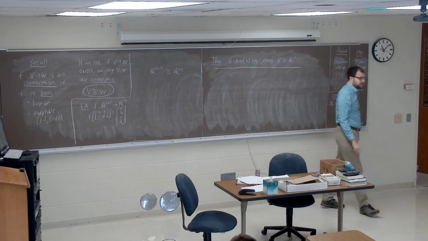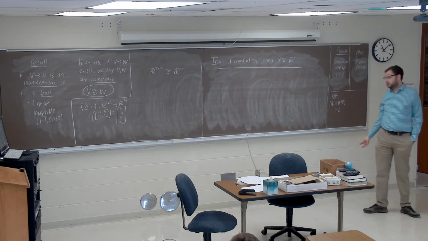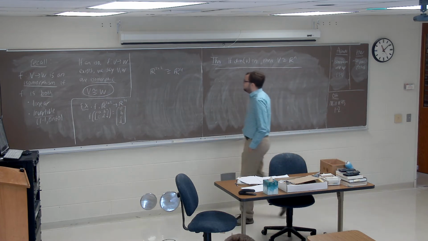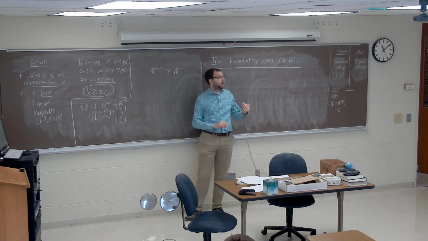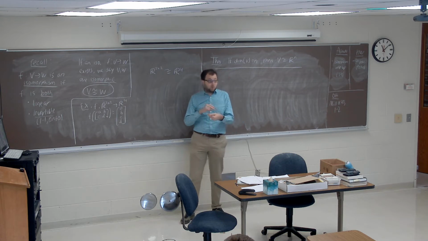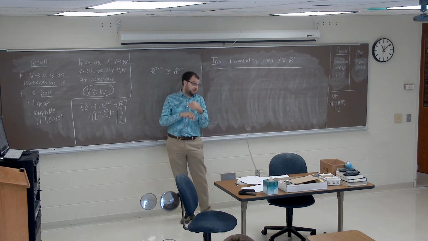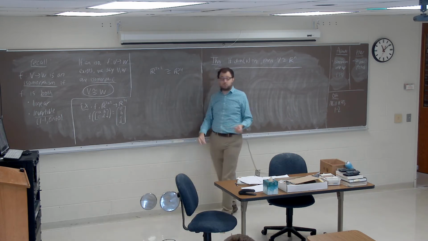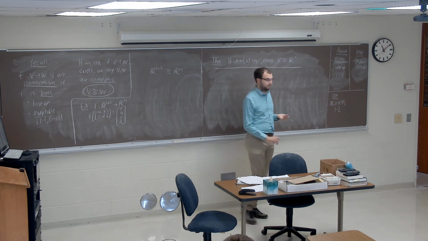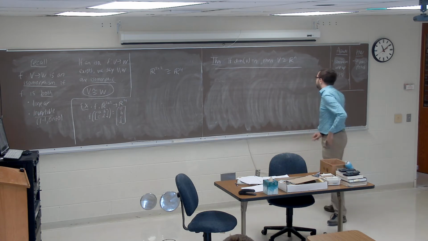In other words, if you're looking at any n-dimensional vector space, like the vector space of 2x2 matrices, you're always going to be able to find an isomorphism, one of these 1-to-1 onto linear functions, that goes from your vector space to Rn, specifically R4 in this case. So let's see if we can prove that.